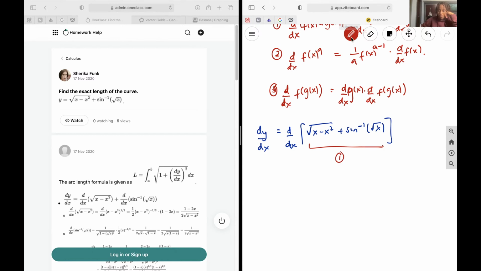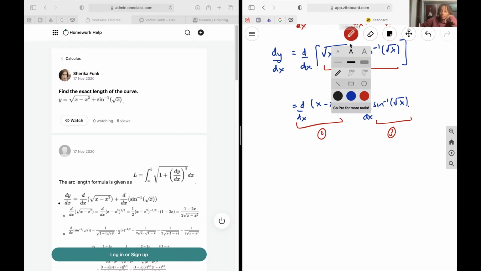We're just going to label that 1. And this will become d over dx, x minus x squared all to the power of 1 over 2, plus d over dx, the inverse sine of root x. Okay, next up, I will apply 2 to this one and 3 to this one.